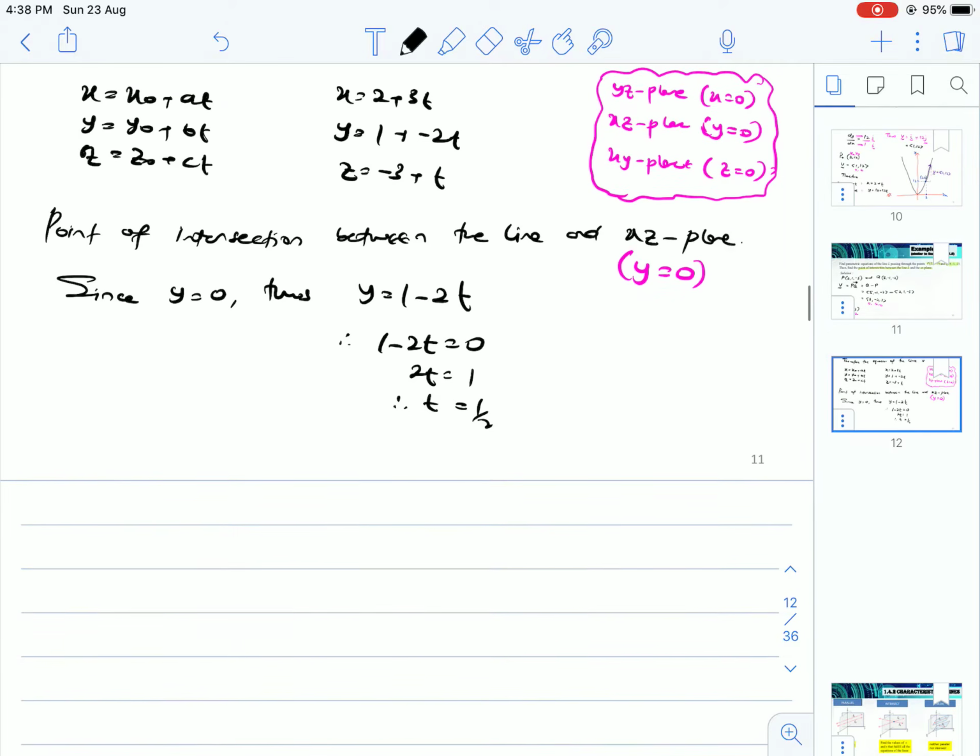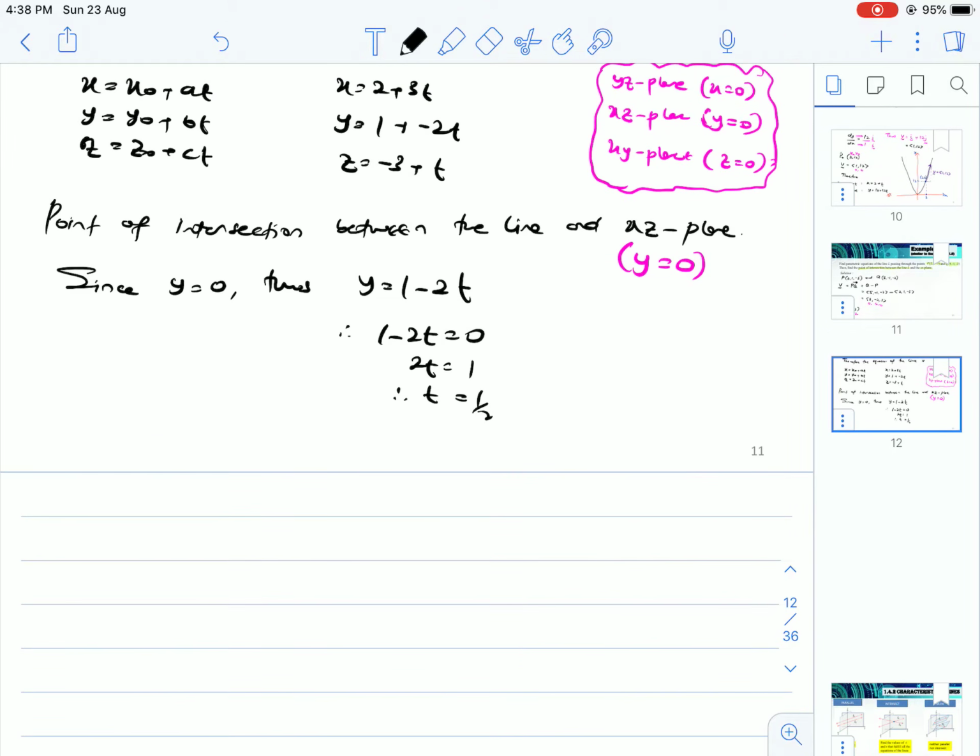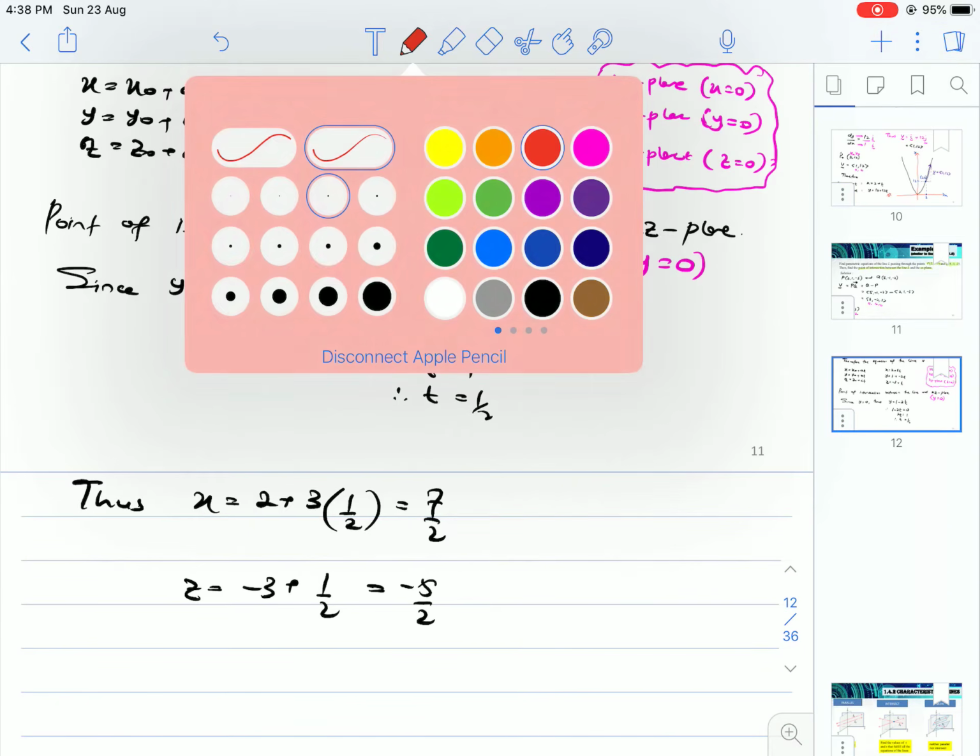We need to find the coordinates for x and z. So substitute t equals half in x. Thus x equals 2 plus 3 times half. We will get 2 plus 3 over 2, which equals 7 over 2. And then z equals negative 3 plus half, we get negative 5 over 2.